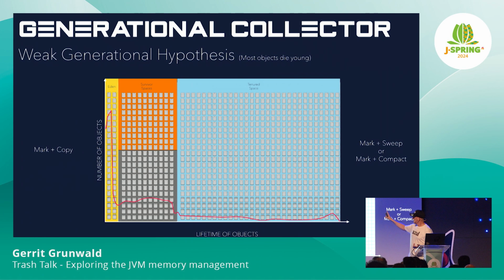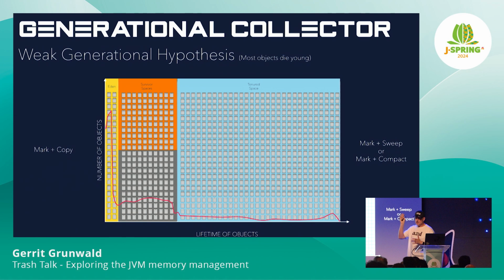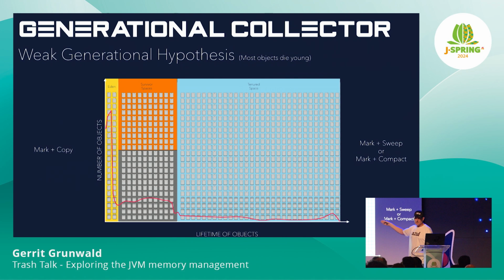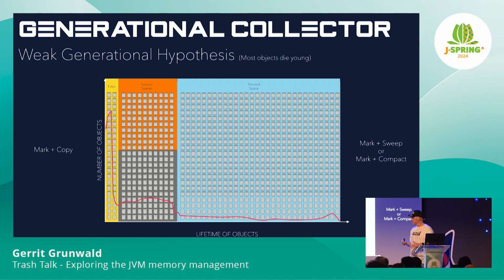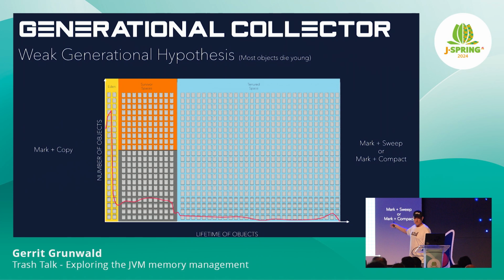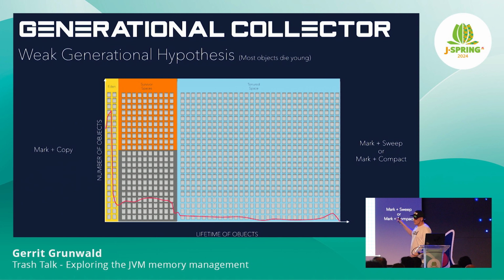So that means we start allocating in the yellow one. It's small because the objects will die young, so only a few objects have to be copied to the survivor spaces. Then we copy them for some time. If they survived, for example, in my example, 3 iterations, I will move them to the old generation, to the tenured space. The advantage here is you see the tenured space, the old space, is very big.